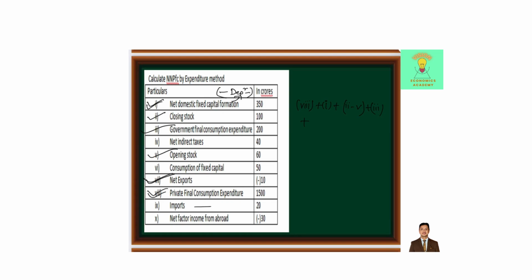See, imports is given here, okay, but it's just there to confuse, as net exports has been given directly, so we are not including the imports, it's already given here. Now adding all this, in the components of final expenditure, we were getting GDP MP. Now since the depreciation has already been deducted, we'll get NDP MP.